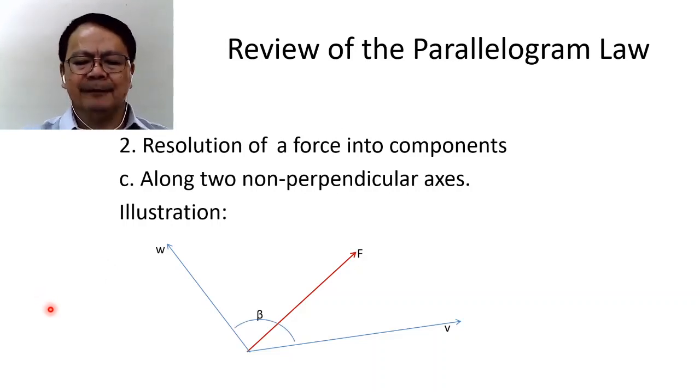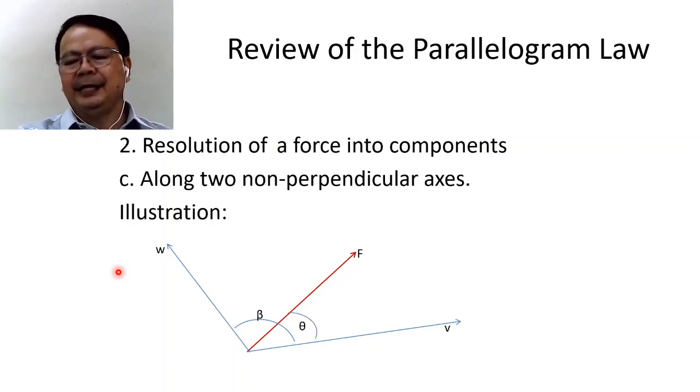In this example, it is very important that the direction of F is measured either with respect to V or with respect to W. And assuming that it is measured with respect to V and the angle is equal to theta. Again, we shall be applying here the parallelogram law by drawing a parallelogram.